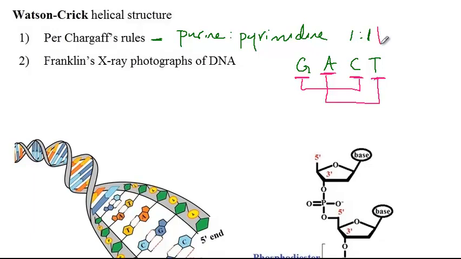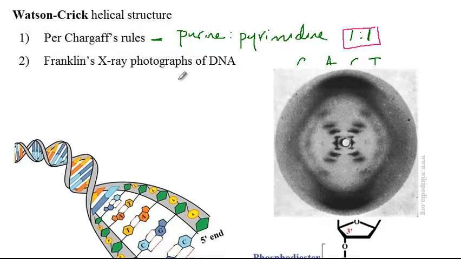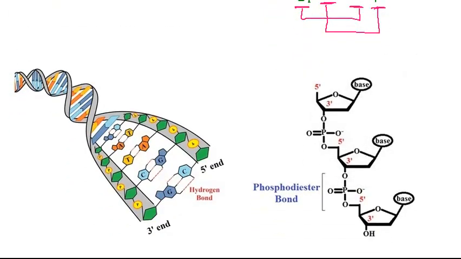So that's why the ratio is 1 to 1. And then the other finding that helped Watson and Crick was Franklin's X-ray photographs of DNA, which showed a crossing pattern of dark spots that suggested that DNA probably has a helical structure. So based on these findings, in 1953, Watson and Crick published their description of DNA.